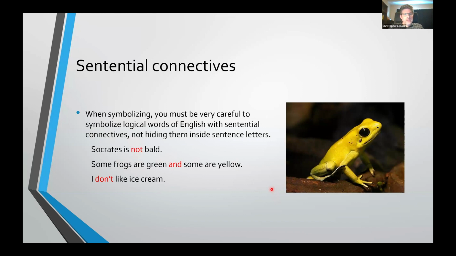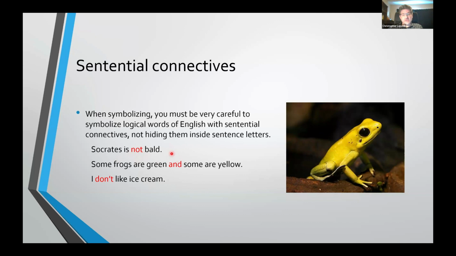When you're symbolizing, one thing you need to be very careful to do is make sure that you symbolize logical words of English with the sentential connectives. These need to be symbolized with the connectives. You don't want to put them inside sentence letters. So if you have Socrates is not bald, for example, the not needs to be represented with the logical operator not, which is that tilde that we were just looking at.